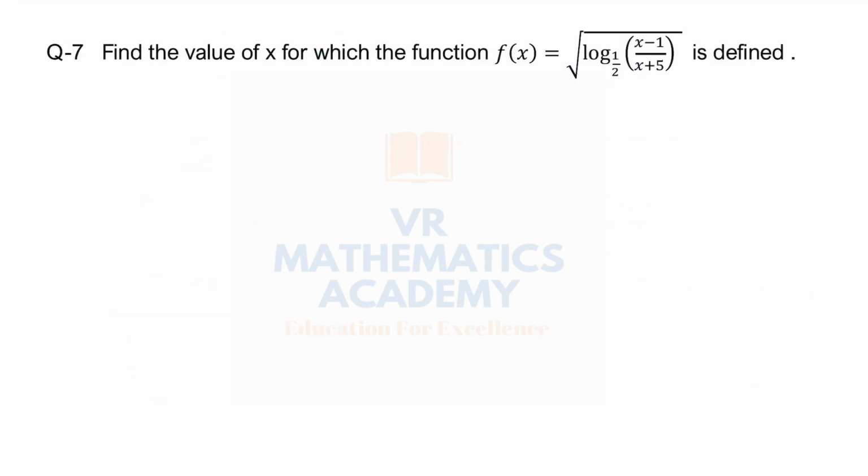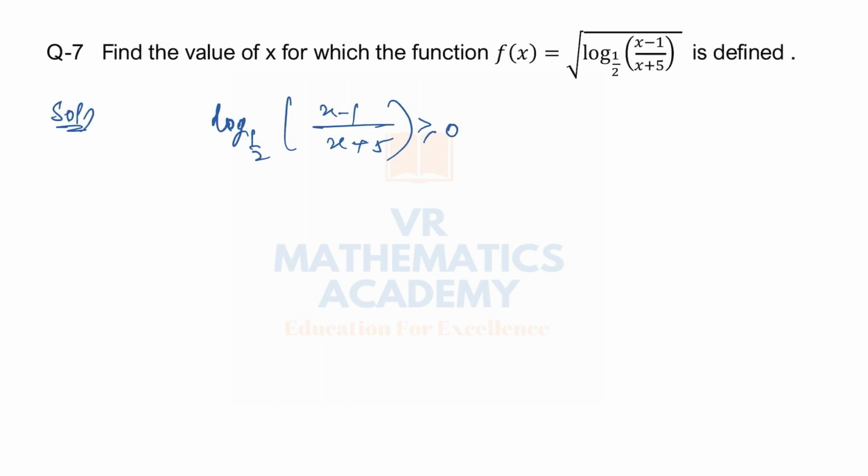Now in question number 7, we have to find the value of x for which the function is defined. So we know that the function will be defined when log base 1/2 of (x minus 1)/(x plus 5) is greater than or equal to 0.